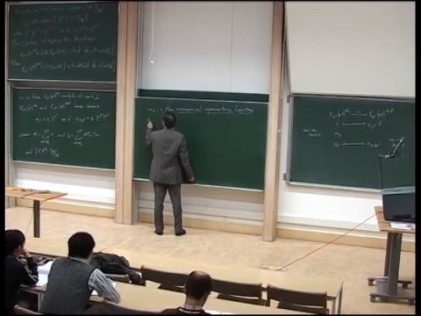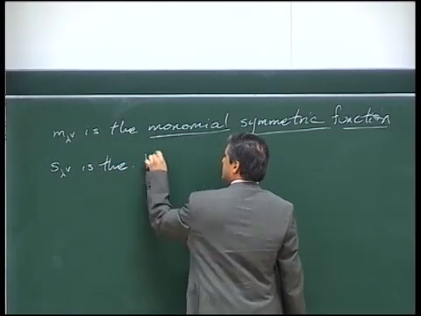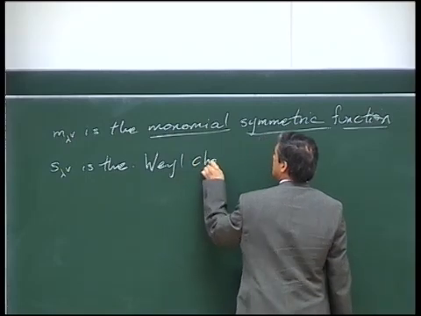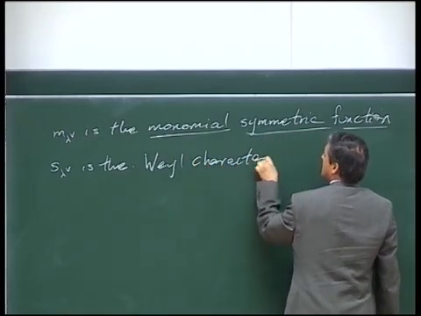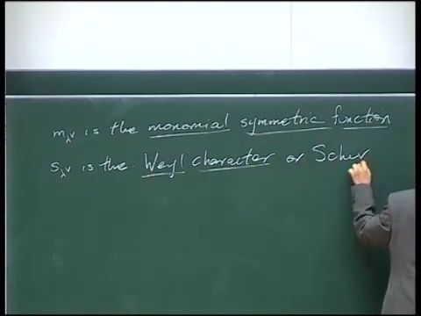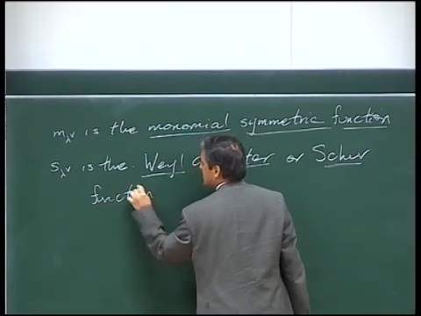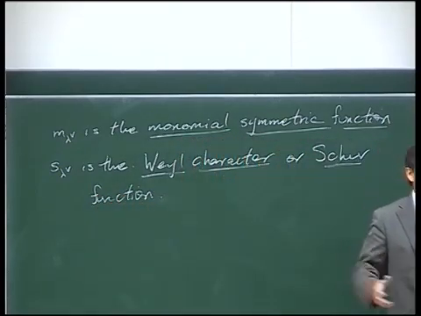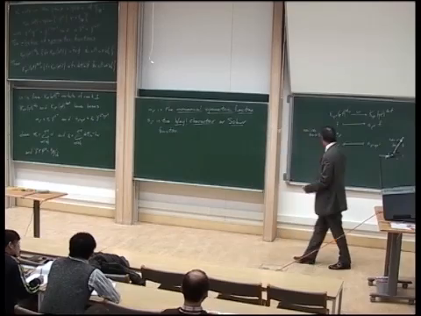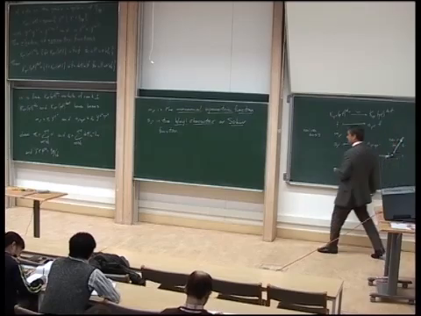So s lambda check is the Weyl character, or the Schur function. So if you ever wondered how would you naturally come up with Weyl characters, well, you just take the naive basis over here and pull it back. It's obvious.